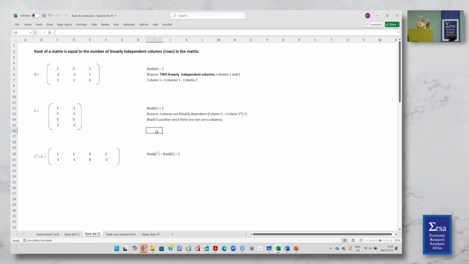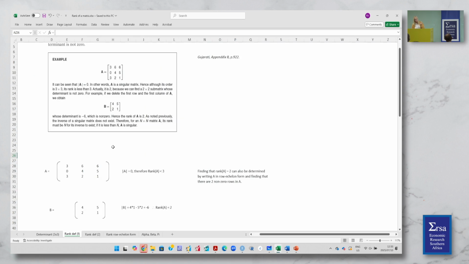Or sometimes one is a multiple of the other. In this case, here we have just one, the columns are linearly independent. Oh, this one is actually minus 1 times the other one. So there's only one that's linearly independent, the other one is not. So the rank of this matrix is 1, the rank of this matrix is 2.